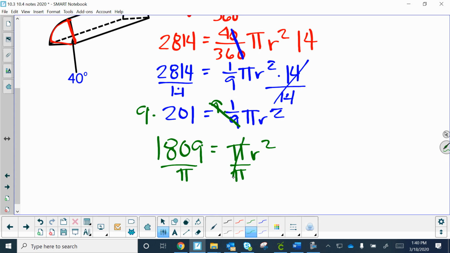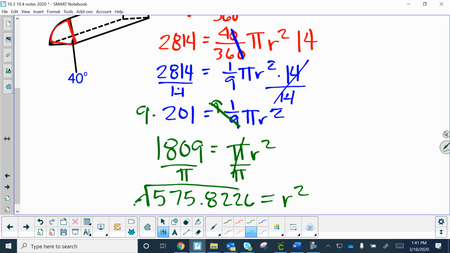So 1809 divided by pi in the calculator is 575.8226. And that is equal to r squared. And what's the last step? To square root that whole thing to get rid of that.